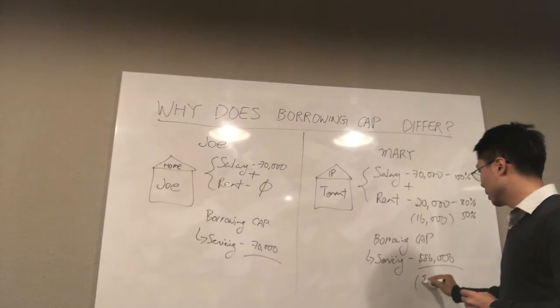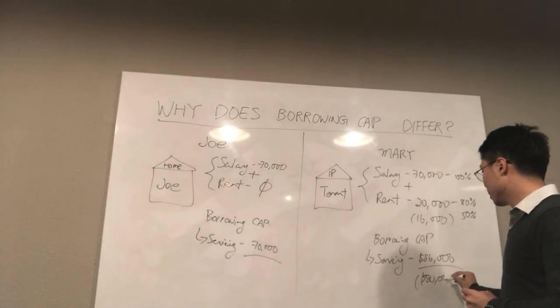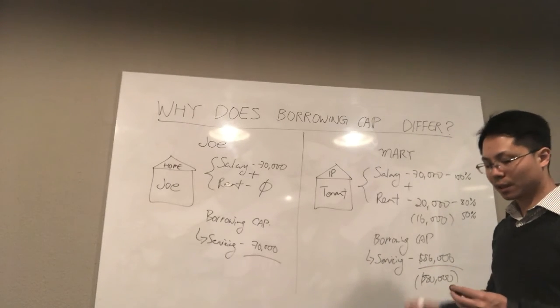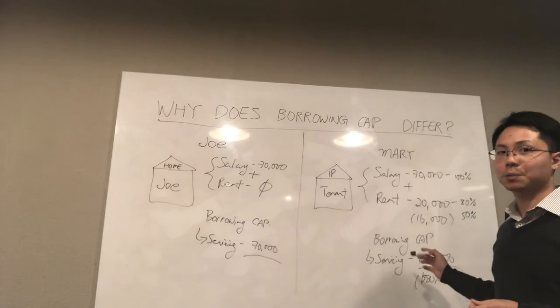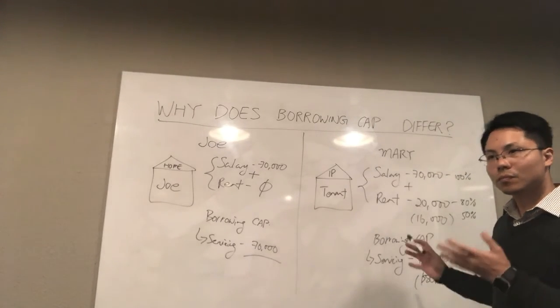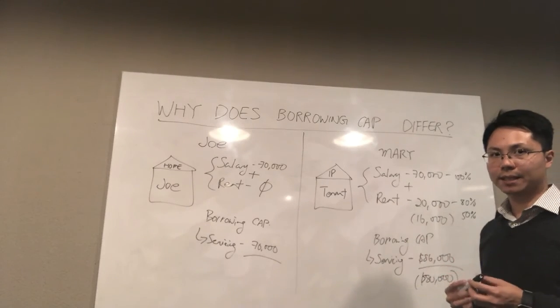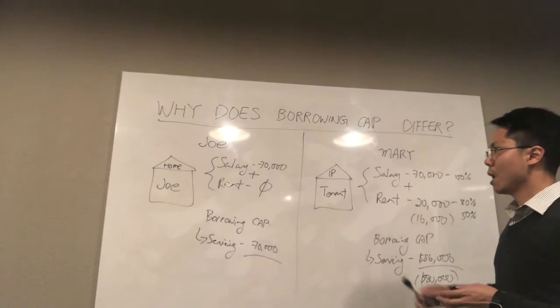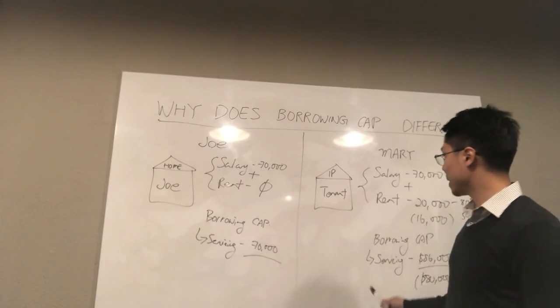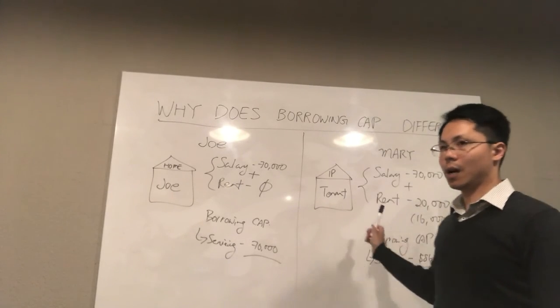So Mary may not be able to borrow as much. That's something to keep in mind during purchase. But in essence, the main difference comes down to whether there is rent or not.